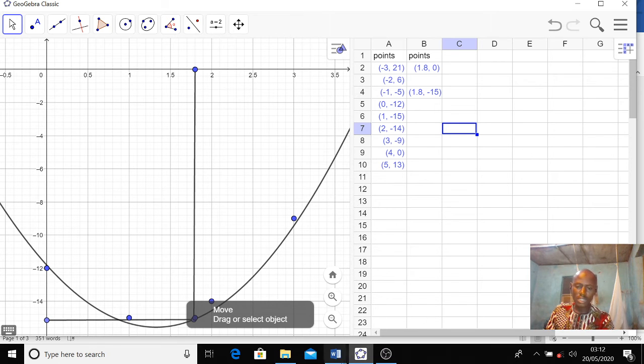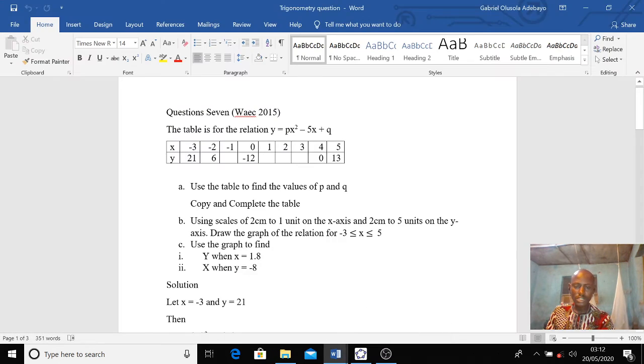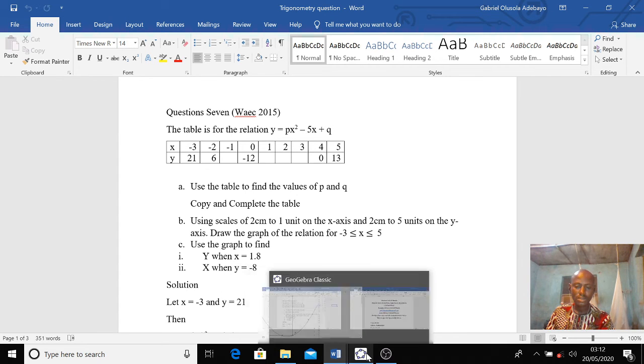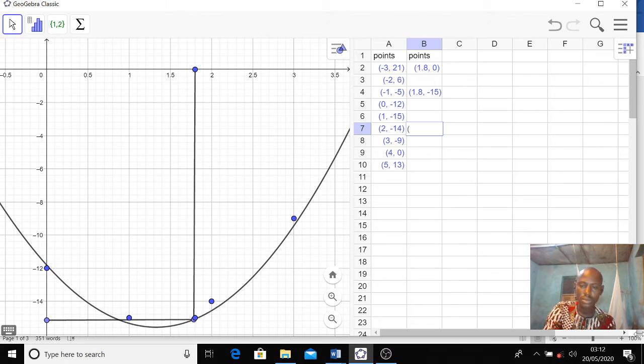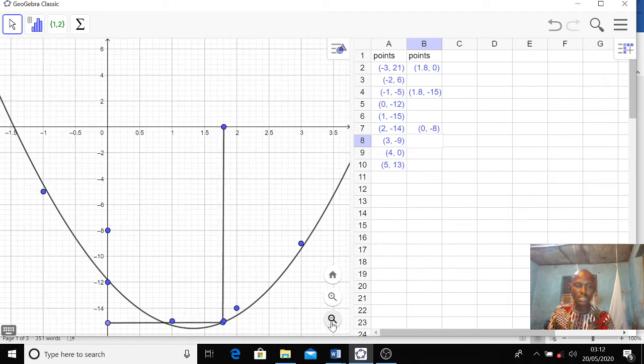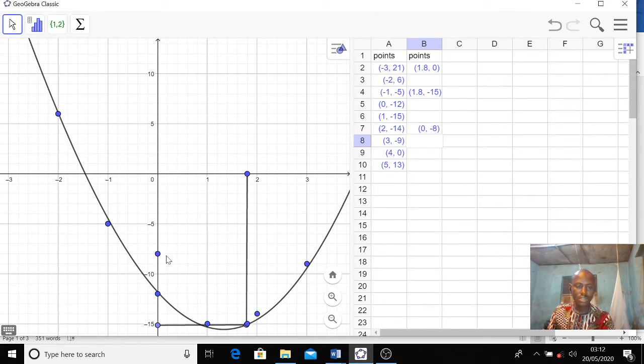The same thing goes to y. It said find x when y is equal to -8. What's our x? So let us assume this is 0, -8. 0, -8. Where is it? Okay, these are -8.